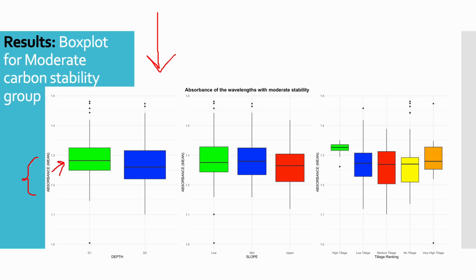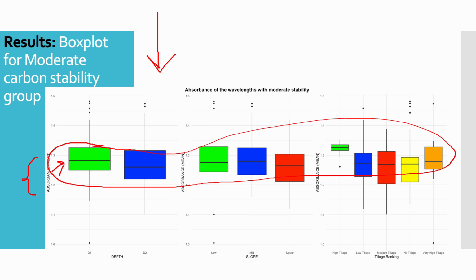As you can see, the medians and the interquartile range, or IQR, boxes remain stable and consistent in this part of the graph, in the range of 1.2 to 1.4 absorbance mean.